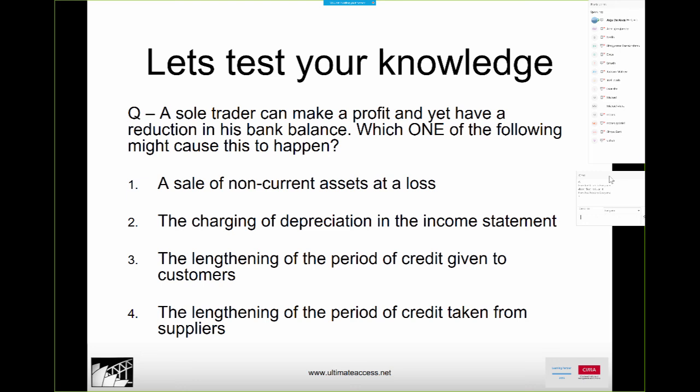I have made a loss by selling this non-current asset. Is there an impact on the bank balance? A yes or a no? I want you guys to respond to this. Benlin, what do you think? Yes or no? Benlin says yes, it reduces.